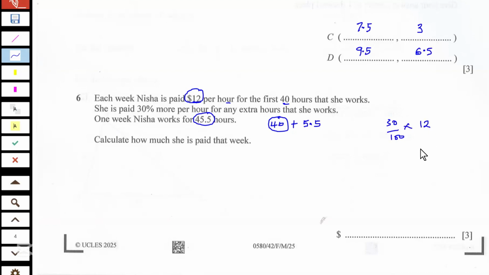If you multiply this and divide, you're going to get 3.6. So we will add 3.6 to 12. So 12 plus 3.6 gives us 15.6. So for the extra hours, she's going to be paid $15.6 per hour.